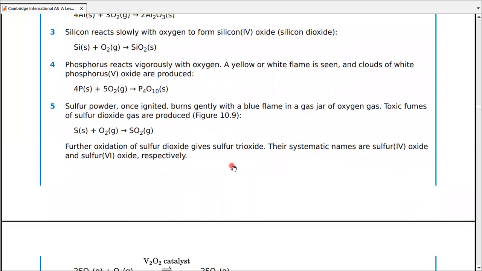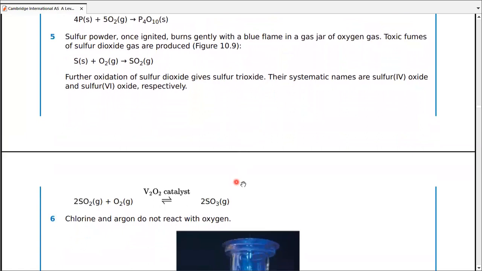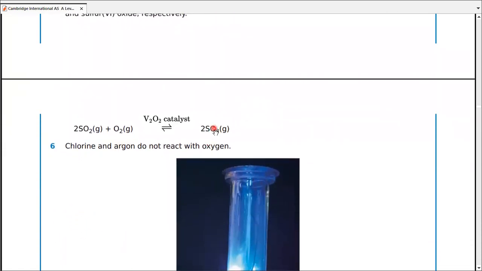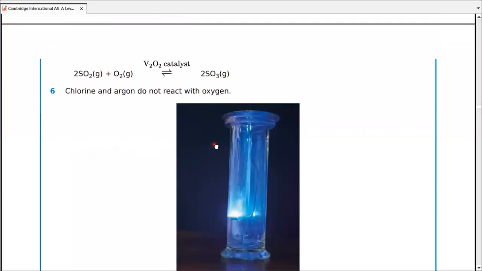Further oxidation of sulfur dioxide is possible. It does give you sulfur trioxide. Systematic names are sulfur(IV) oxide and sulfur(VI) oxide. This is also possible with the help of V2O2. I think it would be better if you go with V2O5 catalyst. However, V2O2 is also possible.